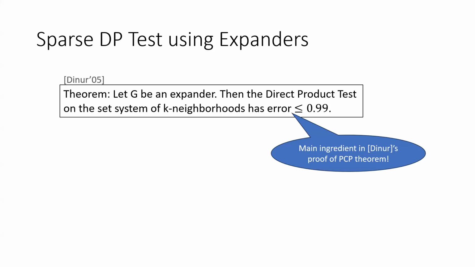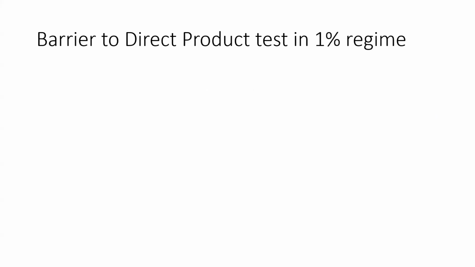And I'll talk a bit about how direct product tests actually imply something about PCPs a bit later. Okay, so the natural question is, can we extend the direct product test using the same analysis, or is there some fundamental other issue?